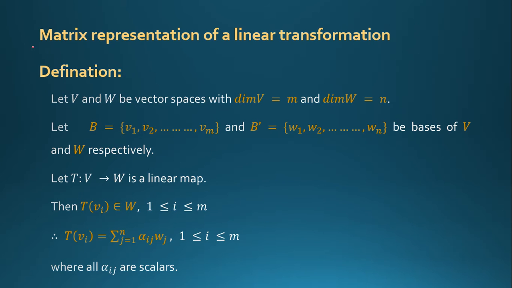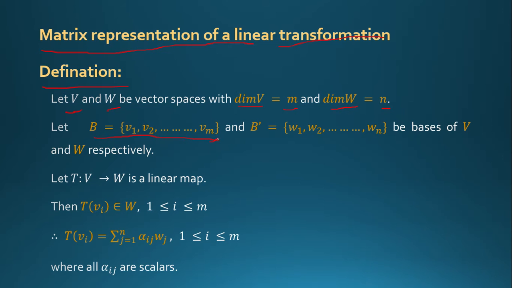Now, matrix representation of linear transformation. Definition: let V and W be vector spaces, the dimension of vector space V is equal to M and the dimension of W is equal to N. Corresponding basis B is equal to V1, V2 up to Vm.